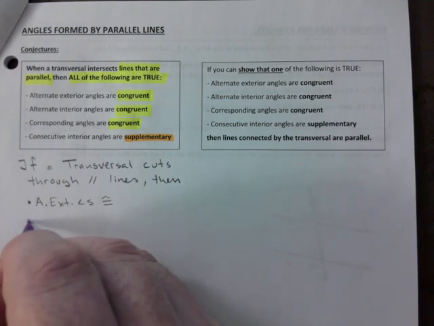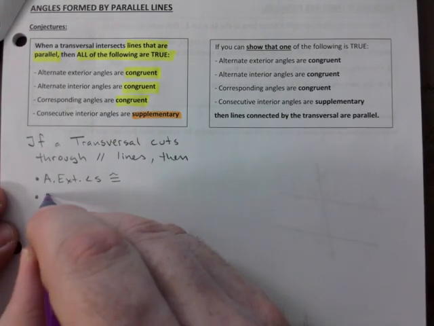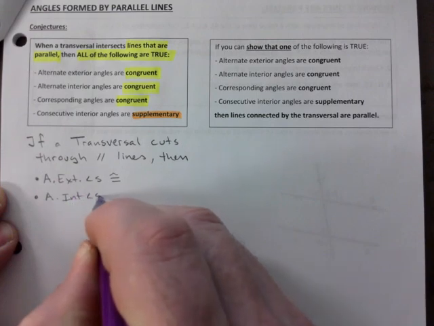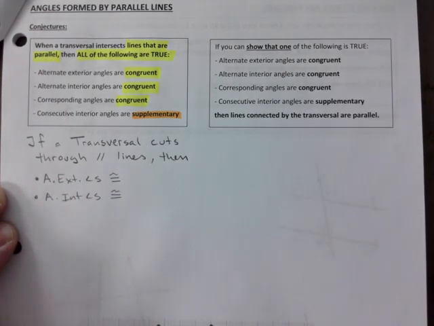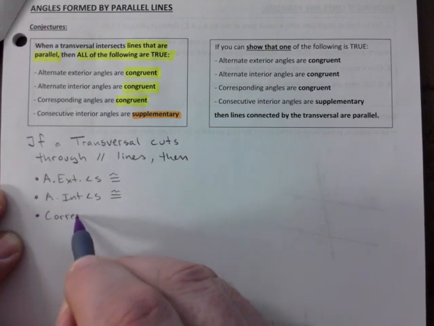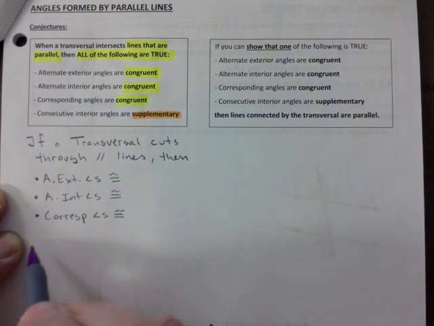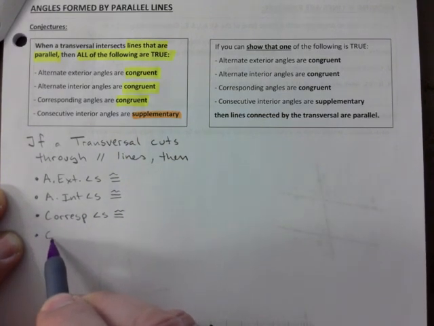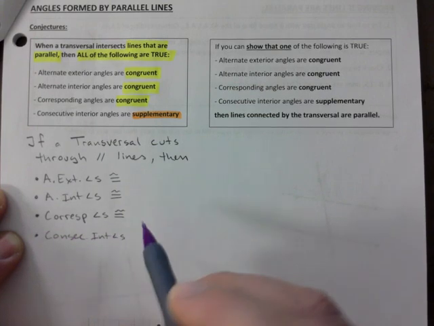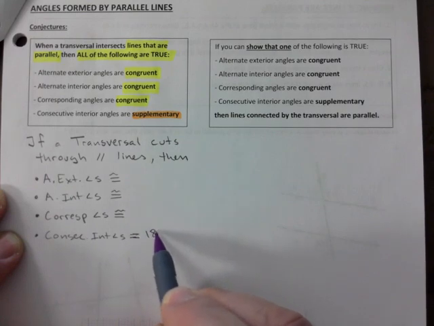This is probably the best way to put it in your study sheet. It's a little shorter. Alternate interior angles are congruent. Corresponding angles are congruent. Consecutive interior angles are equal to 180.